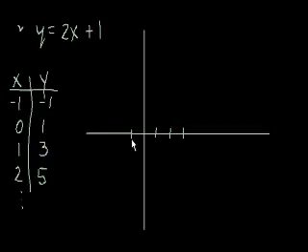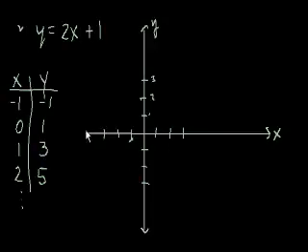This is -1, -2, -3. So this is the x-axis. And this is the y-axis, and this would be 1, 2, 3, and so on. This would be -1. I think you get the idea.